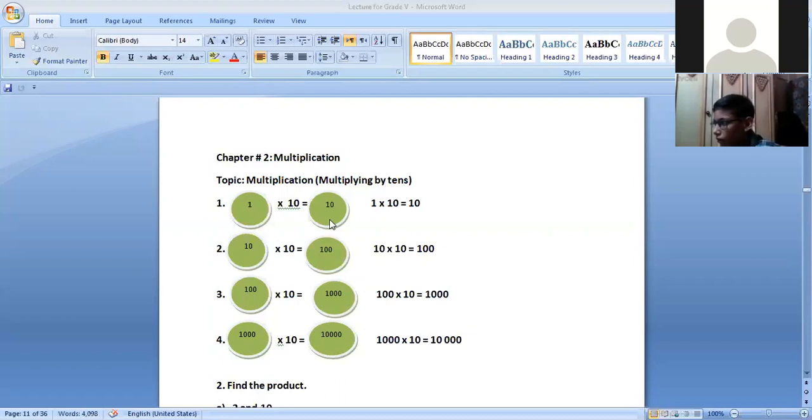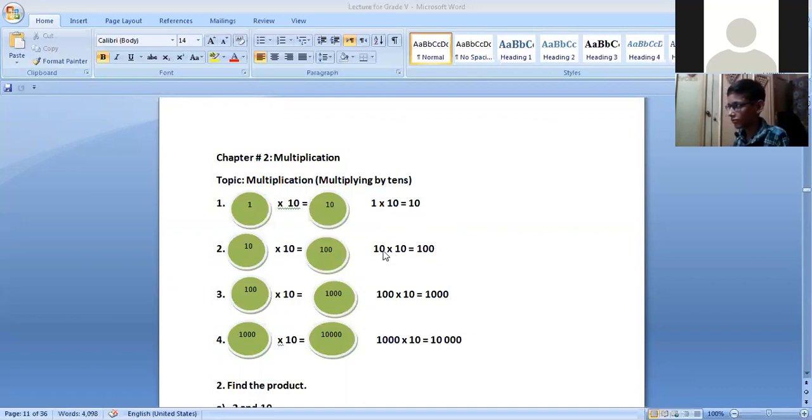It means when you multiply 1, 10, 100, 1000, the zero is increasing. In the first question you got the answer 10, in the second you got 100, in the third you got 1000, and in the fourth you got 10,000. Is that clear? When you multiply 1 by 10, the answer becomes 10.